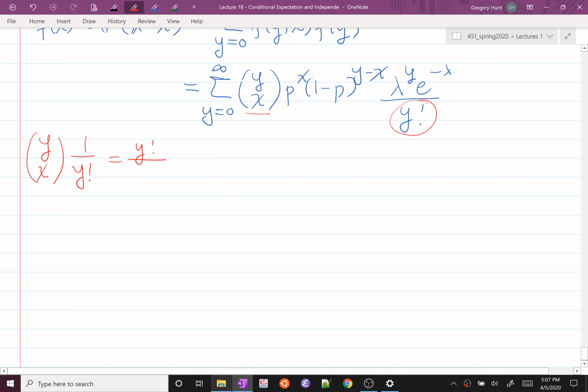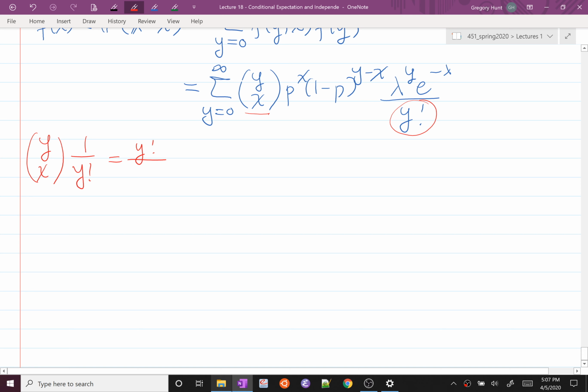And then we have a 1 over y factorial. And so what we get left with is 1 over x factorial y minus x factorial. And that x factorial doesn't depend on y, so it can always come out of our sum.